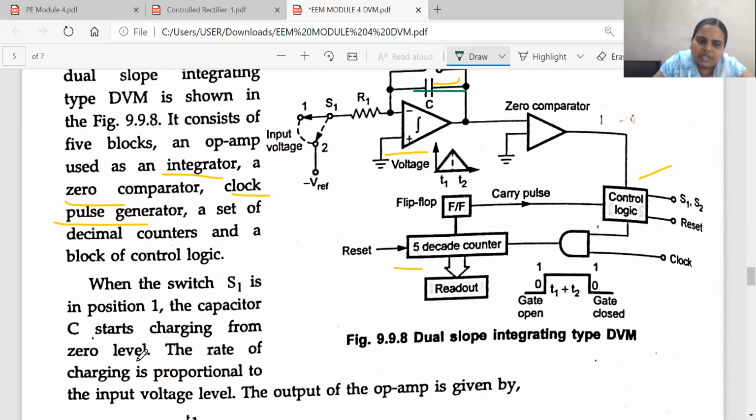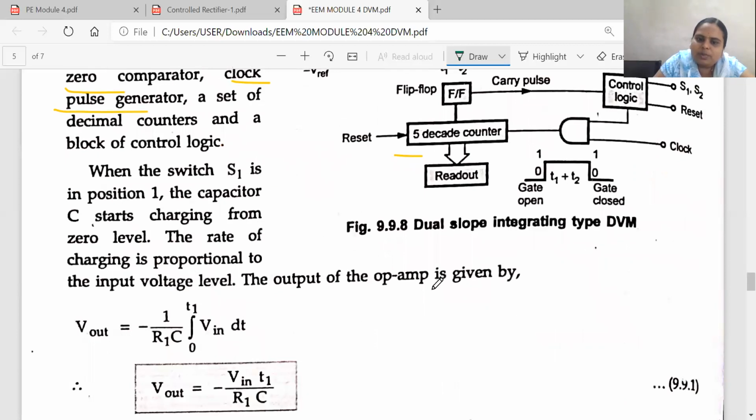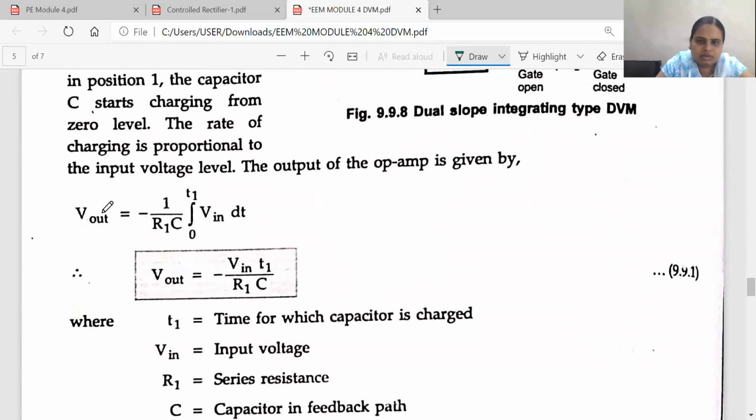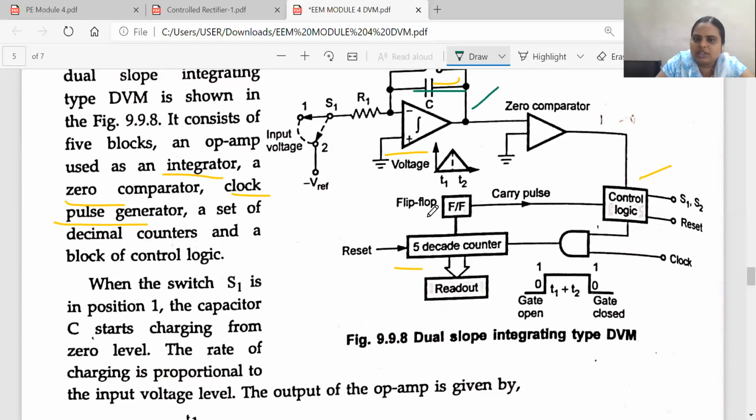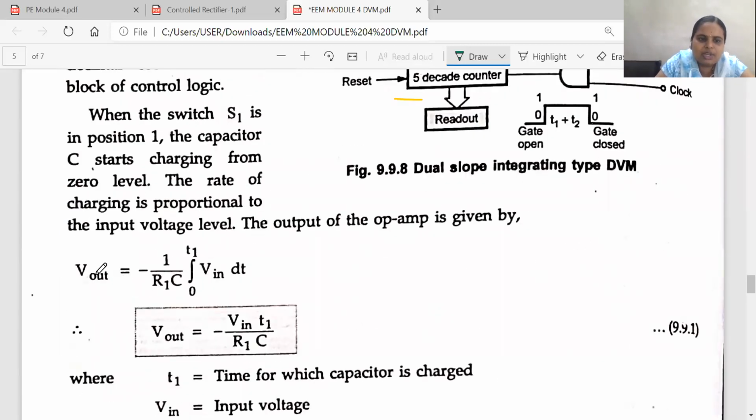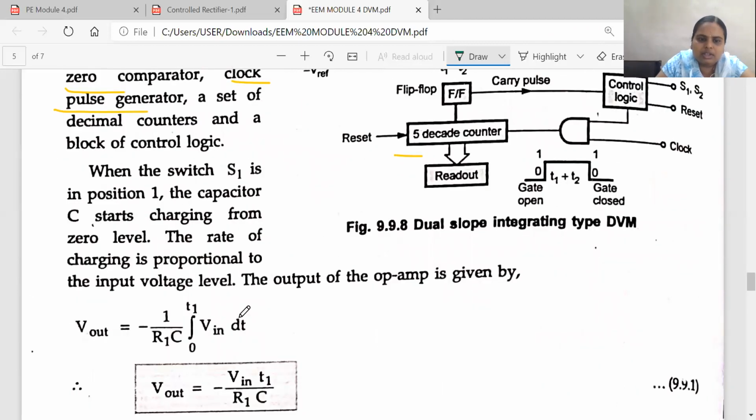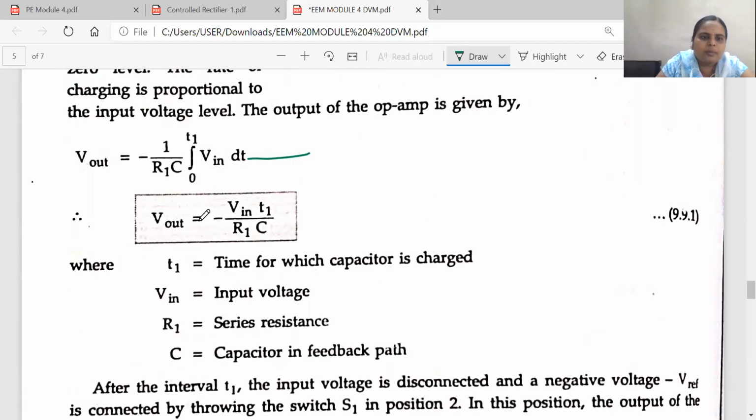The rate of charging is proportional to the input level. The output of the op-amp is given by V out equals minus 1 divided by R1 into C, integration 0 to T1 of V in dt. Therefore, after integration, V out is equal to minus V in T1 divided by R1 into C.